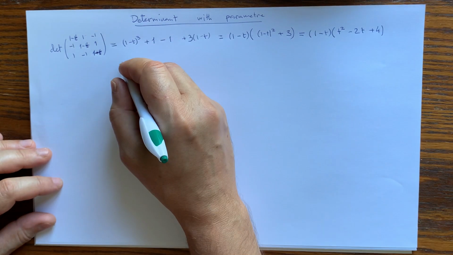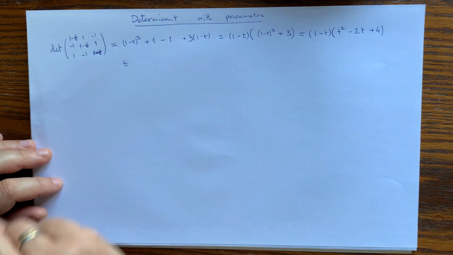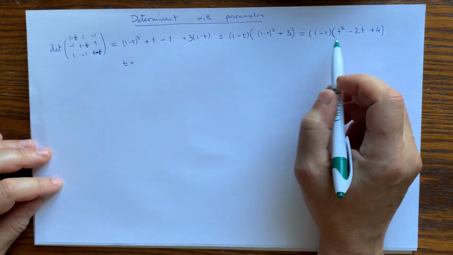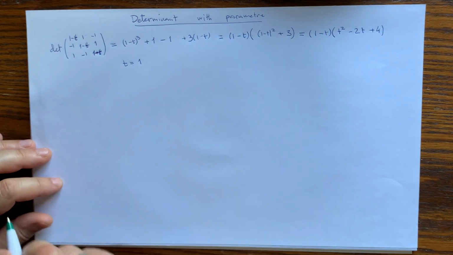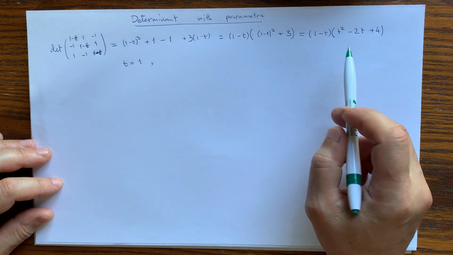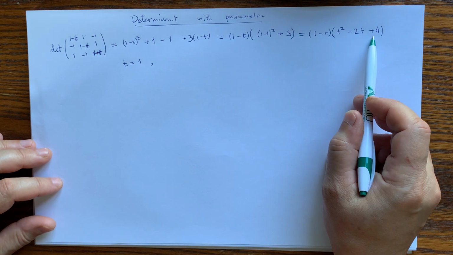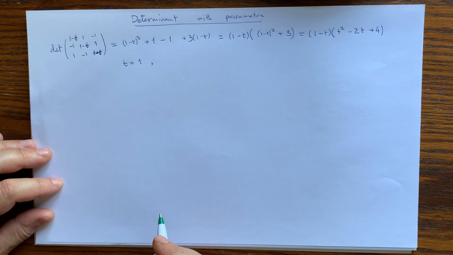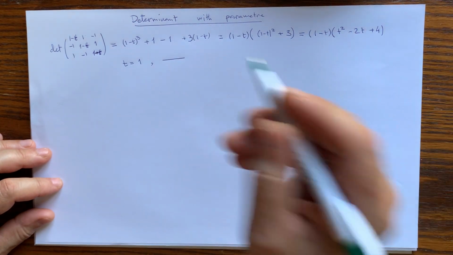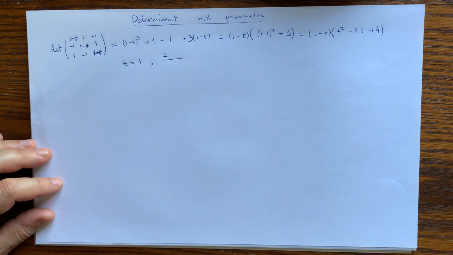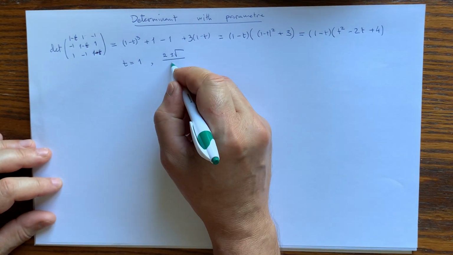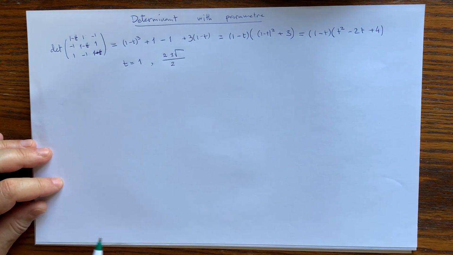Finally, answering the question, what are the values of t making the determinant 0? We have the first root from the first factor, or we have two roots of this quadratic, so let's finish this problem by finding the roots of this quadratic. The formula for the roots is the following. We have the linear coefficient with negative sign plus or minus the square root of what is called the discriminant, halved, because the leading coefficient is 1.